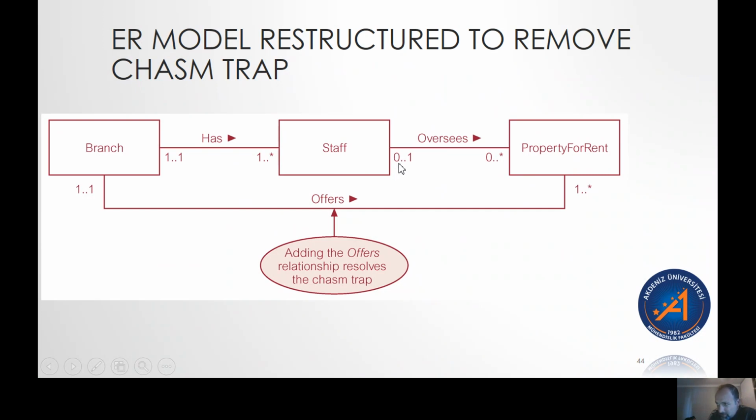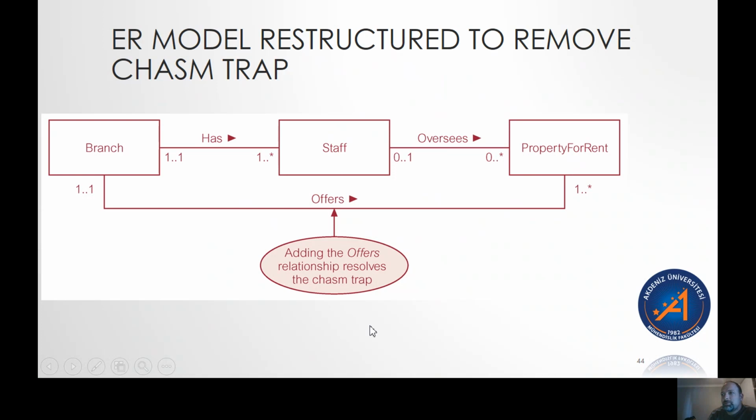So basically, if you see a 0 right here, that's probably it. If I say there's a trap in this diagram, and you see a one-to-many followed by a one-to-many, it's a chasm trap if this is not required. If I show you a diagram that has a one-to-many followed by a one-to-many, and participation is required, it's not a chasm trap.